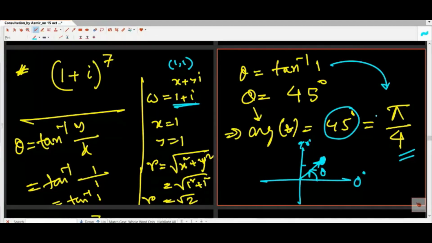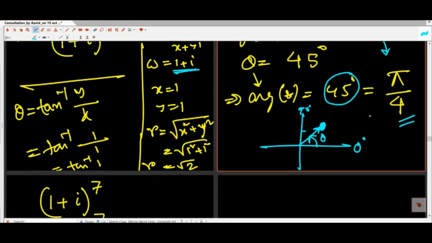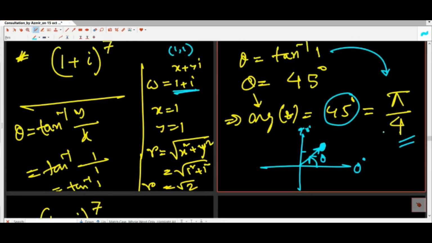So we don't need to adjust it, we don't need to add or subtract anything. The angle that we have found is okay.